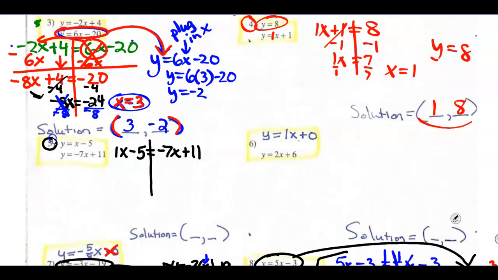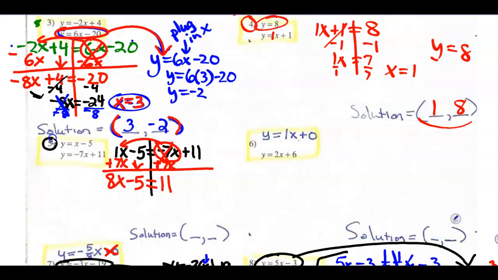I'm drawing in my line. The first thing I do is I take this x term to the other side. So instead of minus, I'm going to add it, plus 7x. These cancel. I'm drawing my line in to show the work. 1 plus 7 is 8x. I have not used this minus 5, so I bring it down, equals, and I'm left with a positive 11 over here.